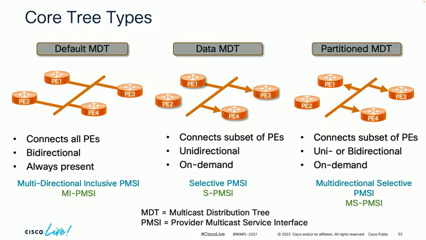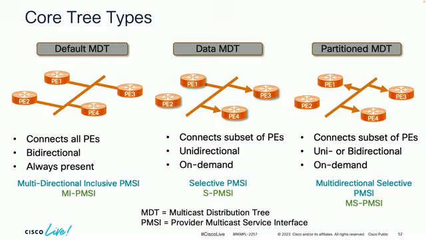And the third one is partition MDT, which is the most popular one. One of the reasons why this is most popular is because it gives you a capability where you can build your MDT only based on need. So it is a subset of the default MDT.